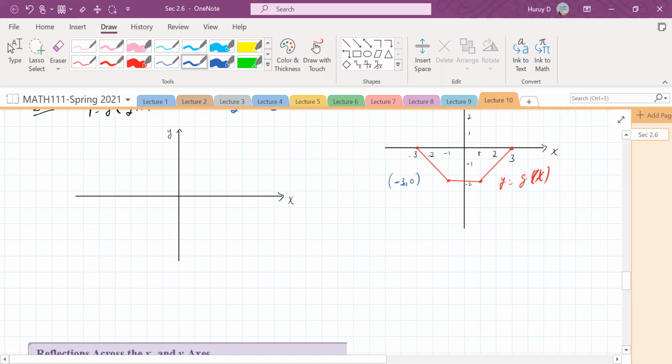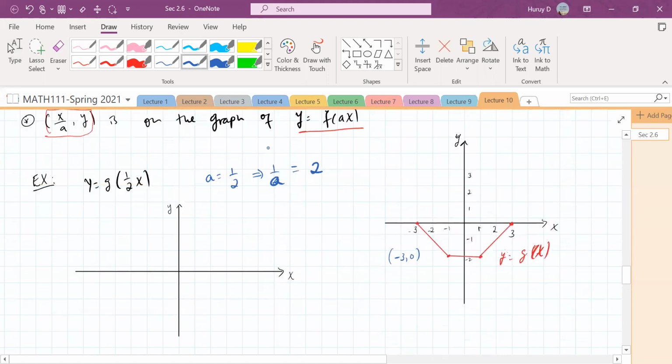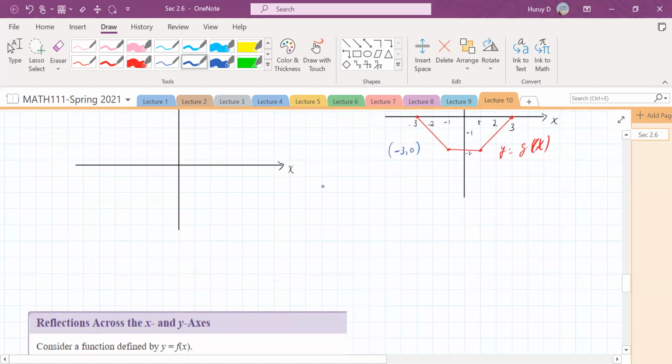If we divide this by a, because our a is 1/2, the new point will be -3 over 1/2 comma 0, and this is -6 comma 0, because when we take the reciprocal of this one, we get -6.